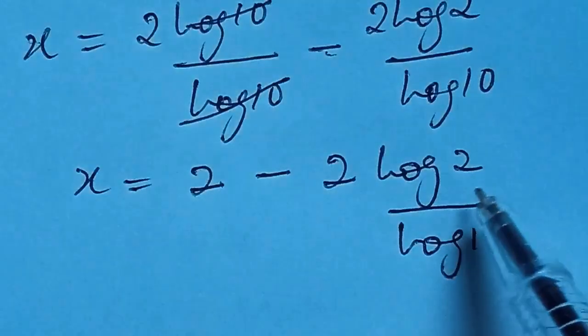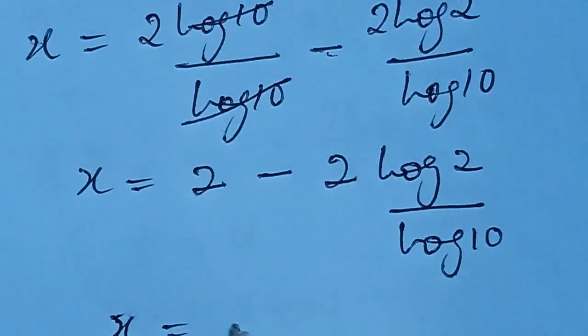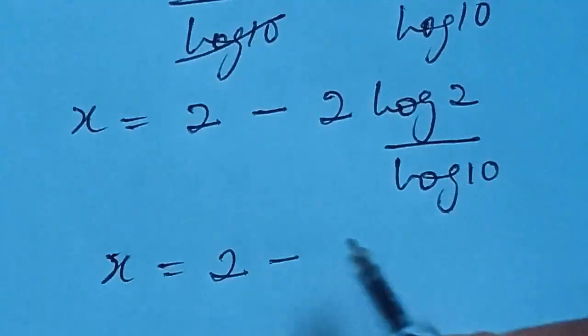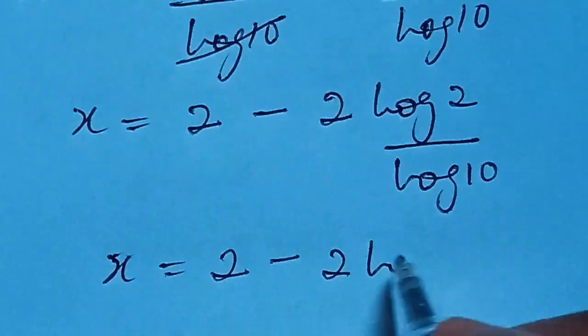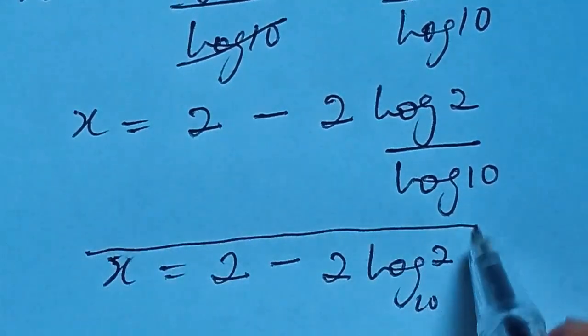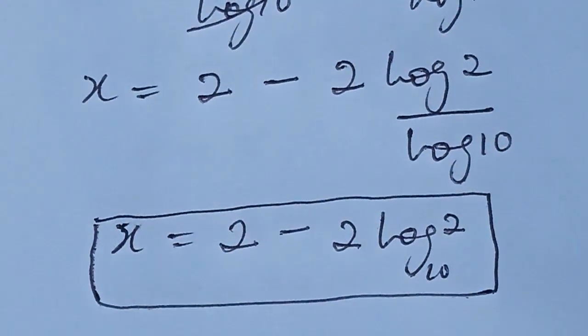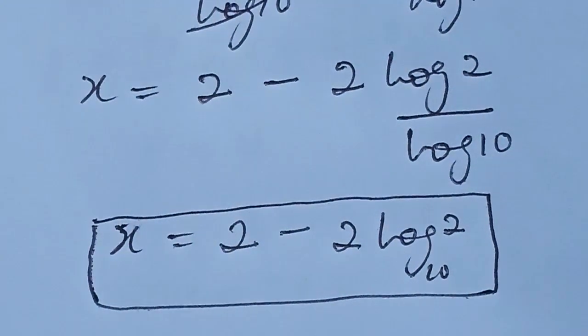So simplifying, this can as well be written as x equal to 2 minus 2 log 2 base 10, and this will be our x using the shortcut method.